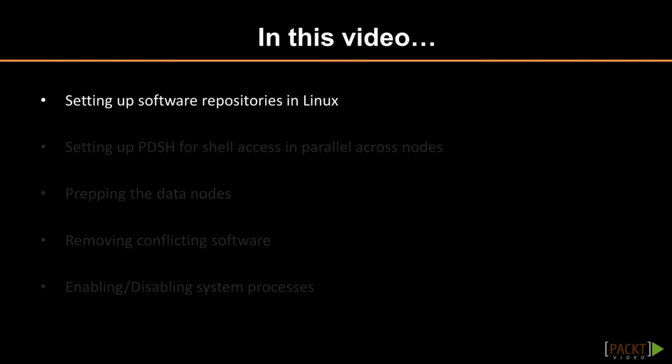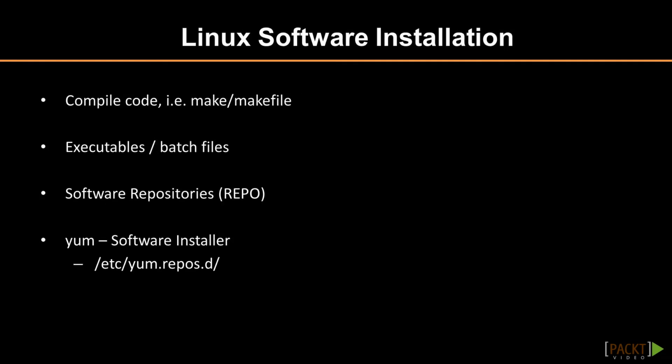So let's get started. When we talk about installing software on the Linux operating system, we have multiple options. We want to make sure we take the right steps to prepare the software installation process so everything goes smoothly. One option is to get the source code and compile it using the make utility. Another option is to download executable or batch programs compiled for our particular Linux distribution.